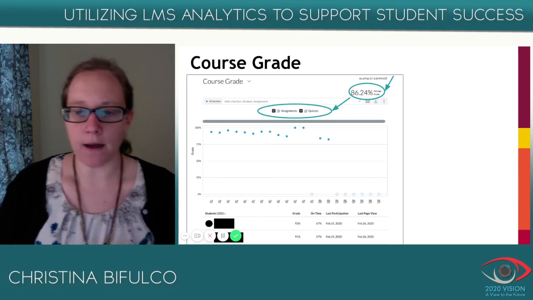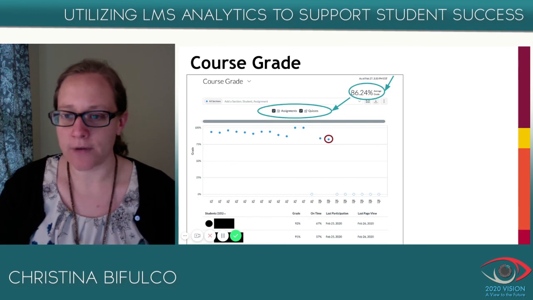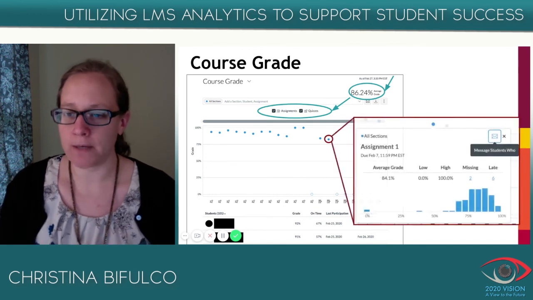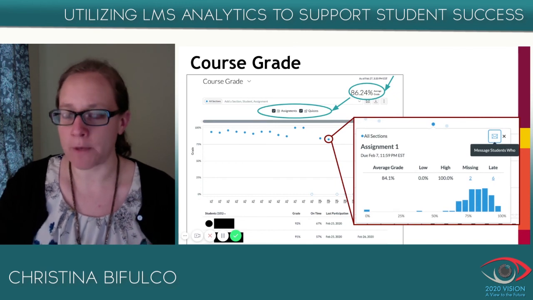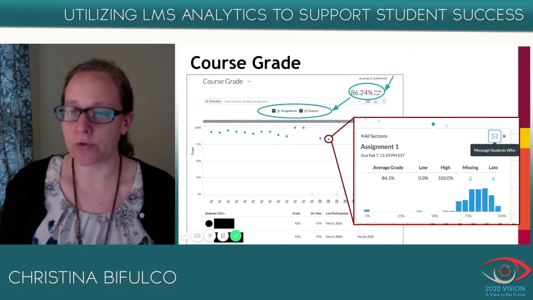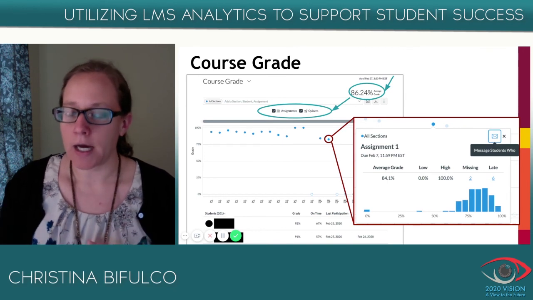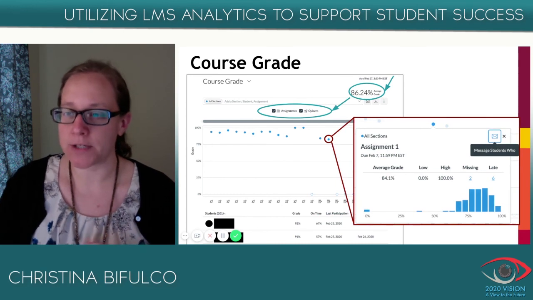If you click on any of the dots on the graph, it is interactive and it will bring up this screen. So this is actually showing you, for assignment 1, the average grade, the low, the high, the distribution of the grades, which is always interesting to see.